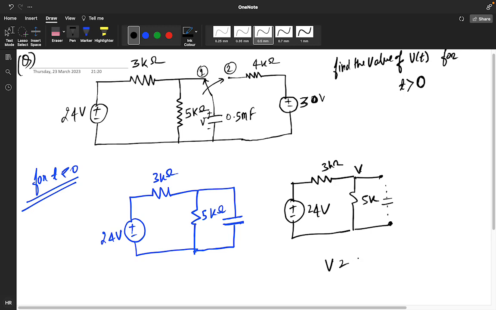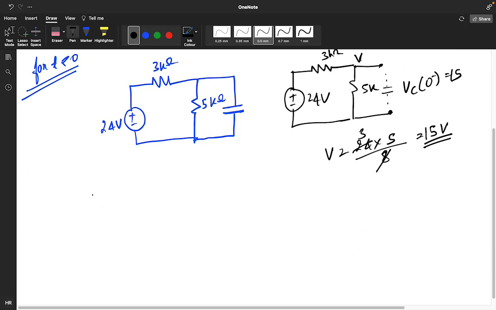So V will be how much? 24 into 5 divided by 8, 5 plus 3, so you are getting 15 volt. So this VC 0 minus is equal to 15, and we know the condition for a capacitor, VC 0 minus equals VC 0 plus equals VC of 0.